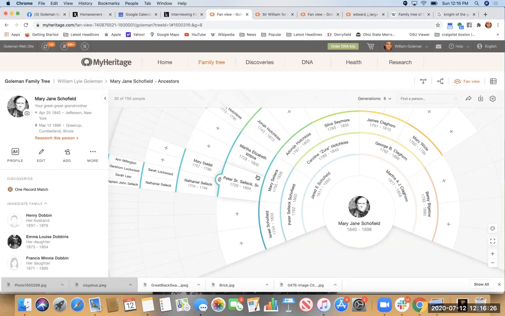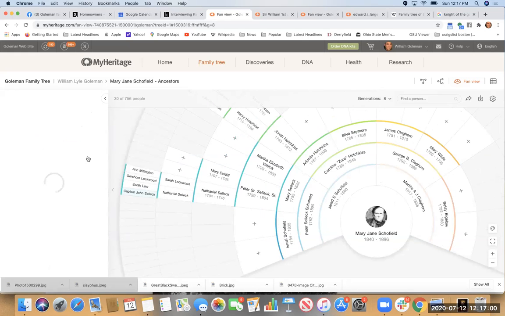And as I started to go back through the Selleck family, they also had been in America for a very long time, from before it was a colony. And one of the things I noticed was that one of the very early people had another title in his name, Captain. So let's go to him, Captain John Selleck.